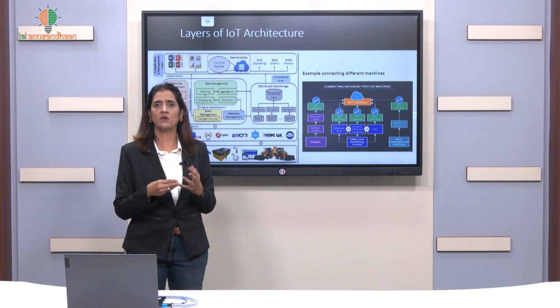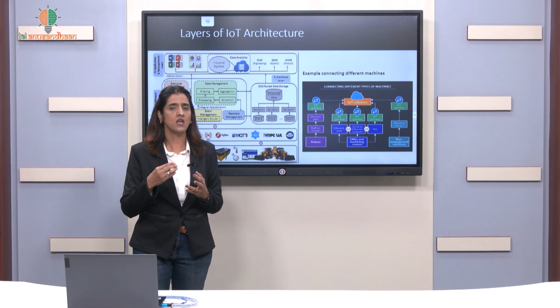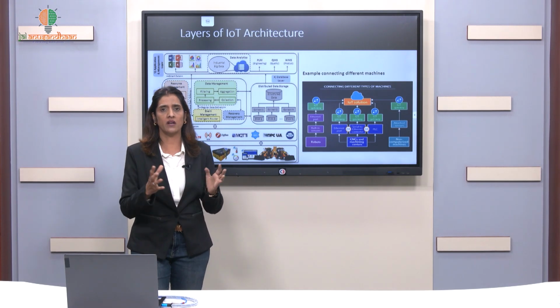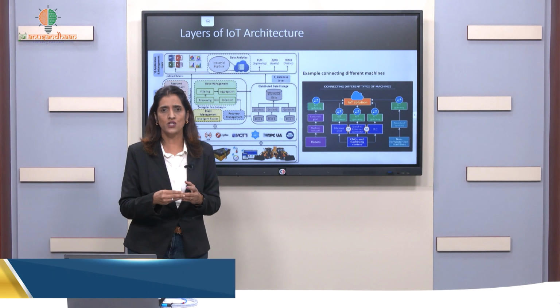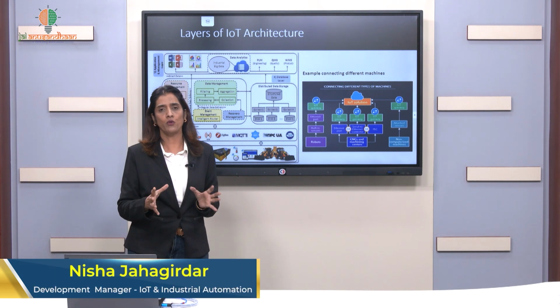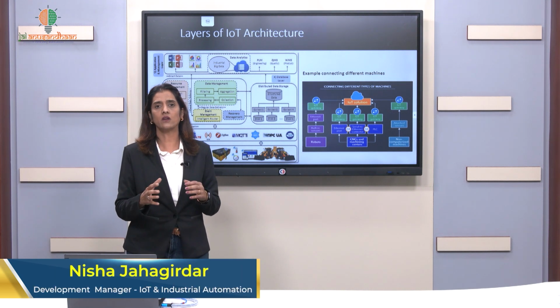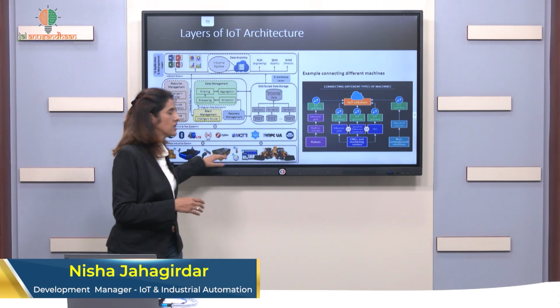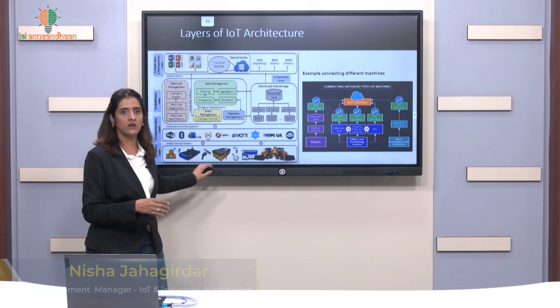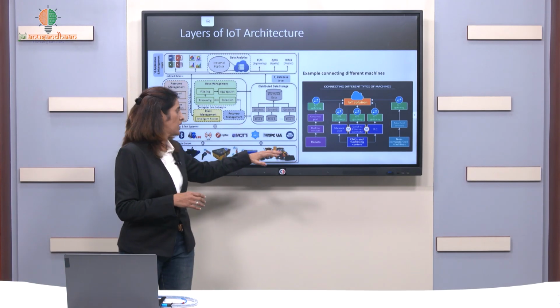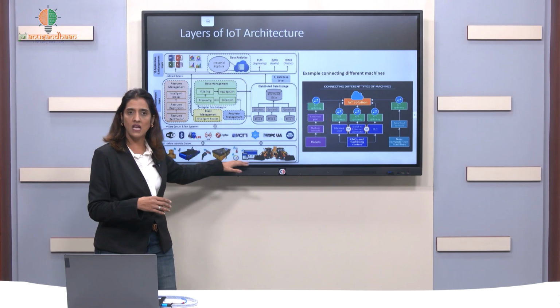For example, you may want to measure the temperature of the machine, environmental parameters of that plant, vibration, or pressure. You want to monitor any kind of parameter, so you connect the sensor to this hardware layer of the IoT architecture. Then you are collecting the data of this hardware layer.